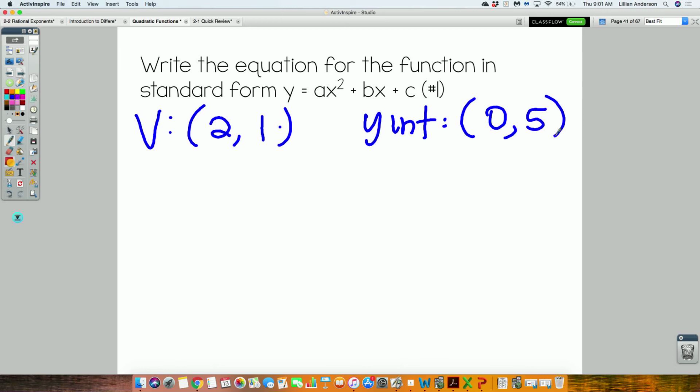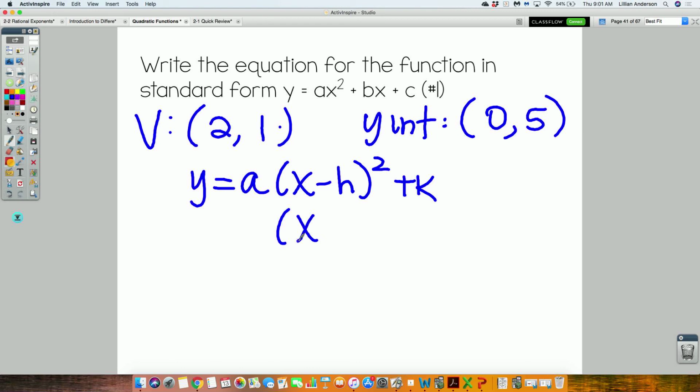Now, since you're given the vertex, it would be easiest to do this in vertex form, which is y equals a(x minus h) squared plus k. Since we know the vertex, we can go ahead and plug that in. Is this going to be a minus 2 or a plus 2? It's going to be a minus 2 squared and then a plus 1.